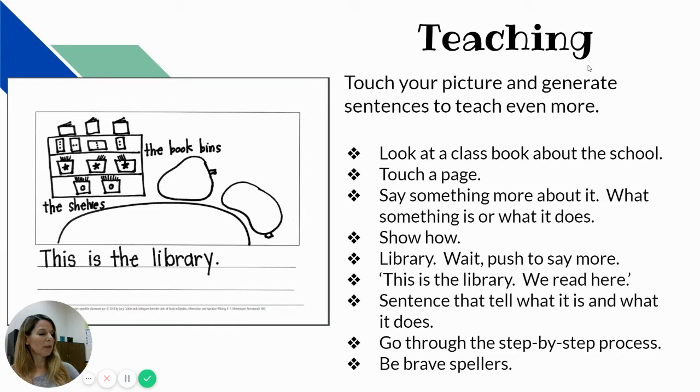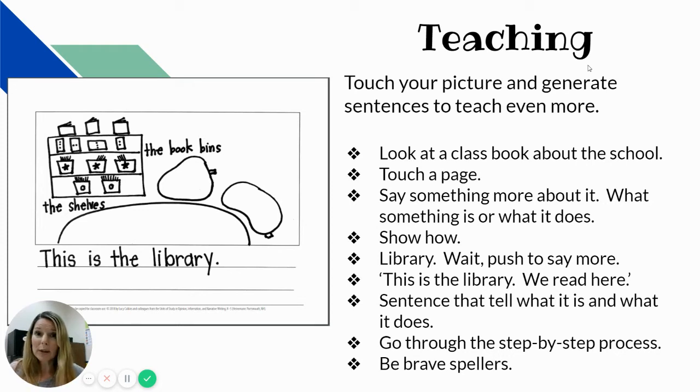So as I'm looking at my page, I'm thinking, push myself to write even more. Well, I need to think about those questions. I need to think about, well, what something is on this page and what it does. This is the library. So when you look at that picture, this is a library, and we read here.